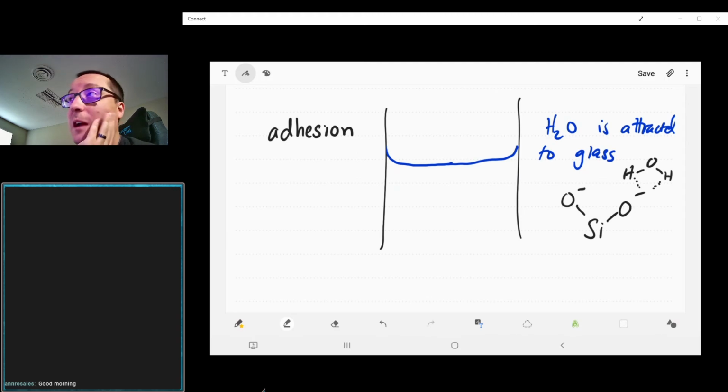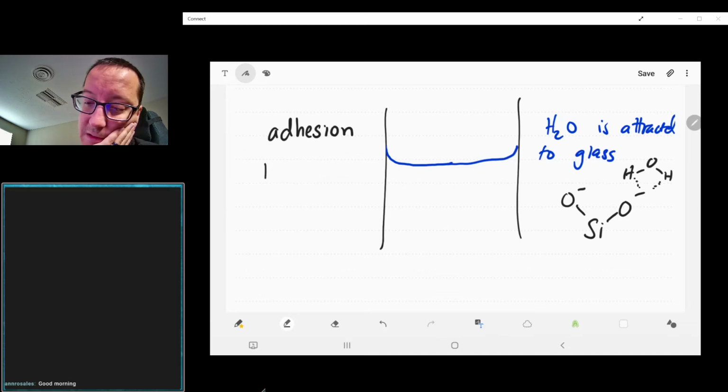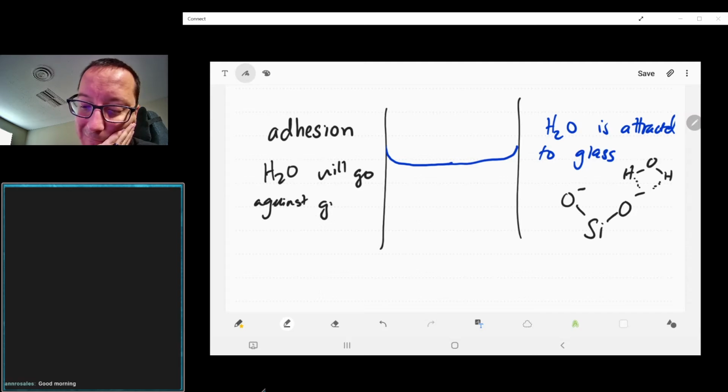You can go against gravity. And so we can see that the water will go against gravity because of attractive forces.